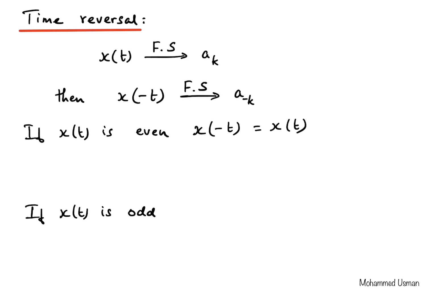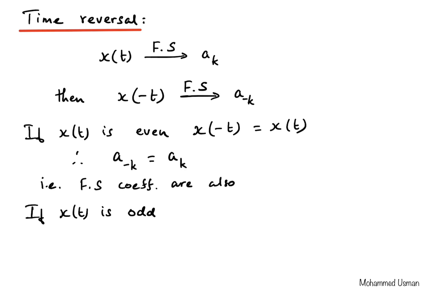That's the meaning of an even signal, right? And so if our signal x of t is even, then it implies that a minus k is equal to a_k. That means if the signal is even, then the Fourier series coefficients are also even.